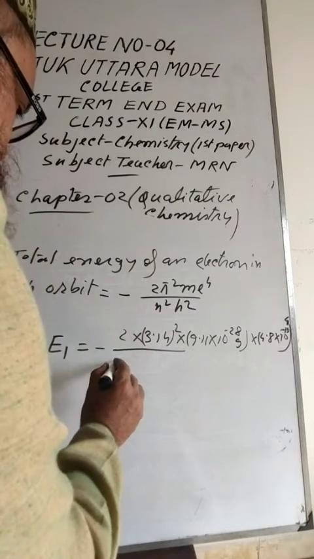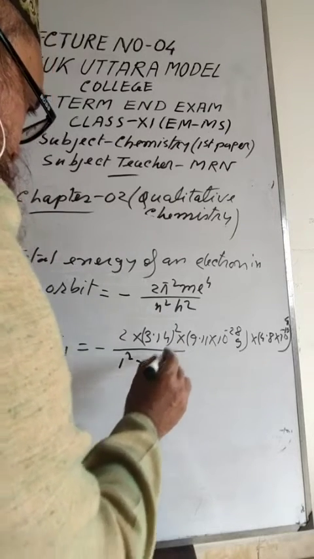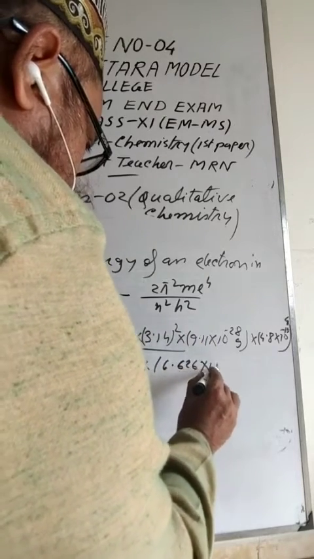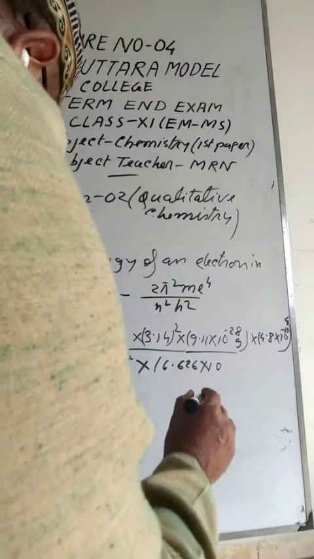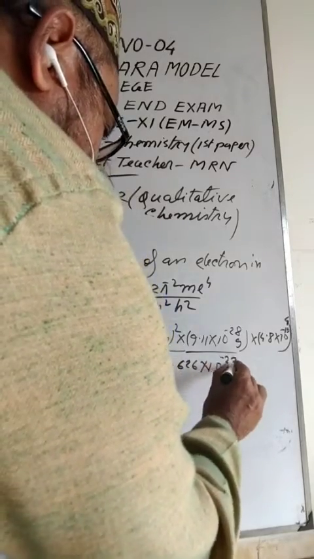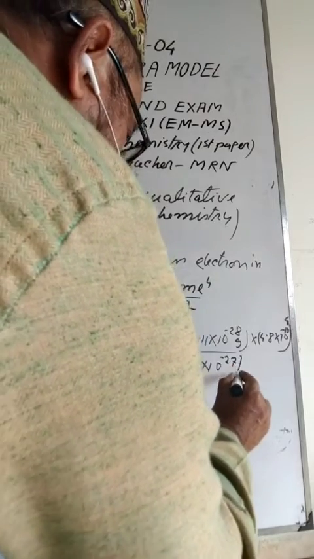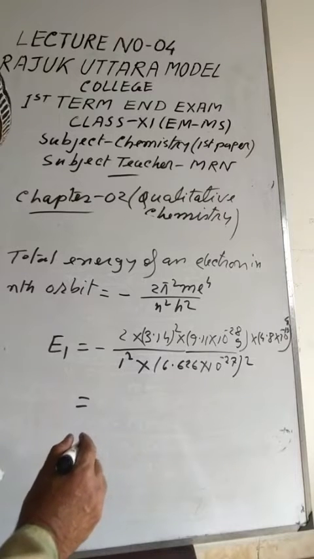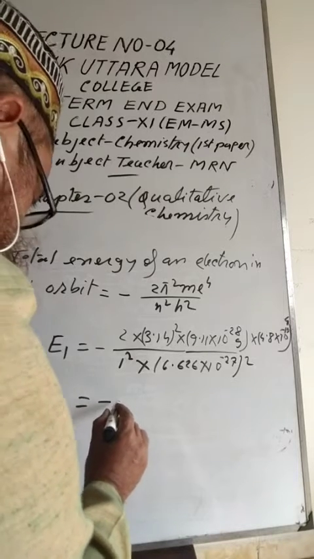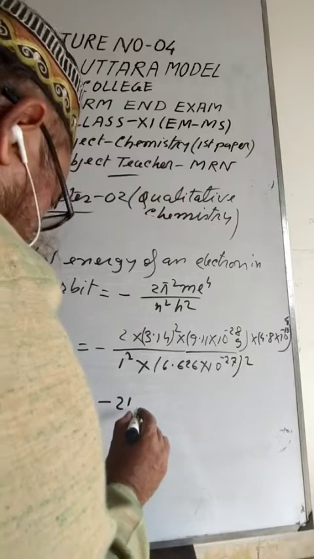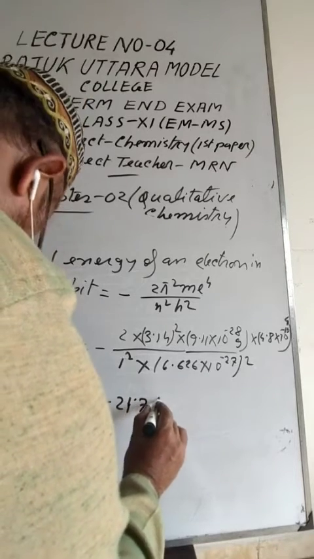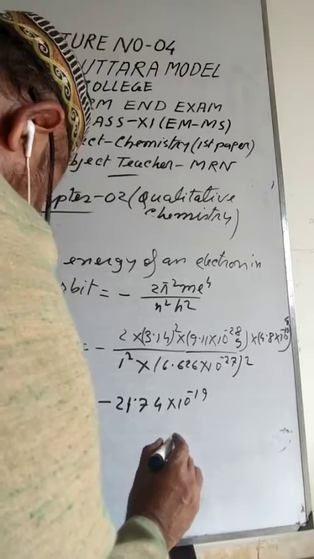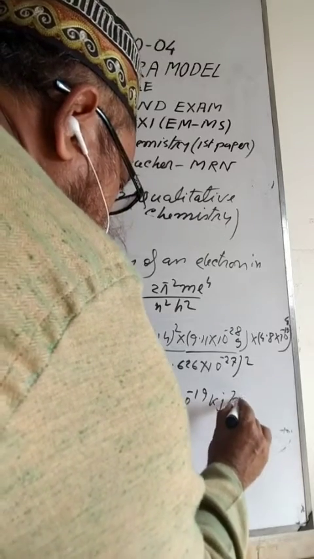Now since it is the first orbit, the n value is 1 squared, and Planck's constant is 6.626 into 10 to the power minus 27 erg second, squared. So the total energy we are getting here, in short I am writing, is minus 21.74 into 10 to the power minus 19 kilojoule per mole.